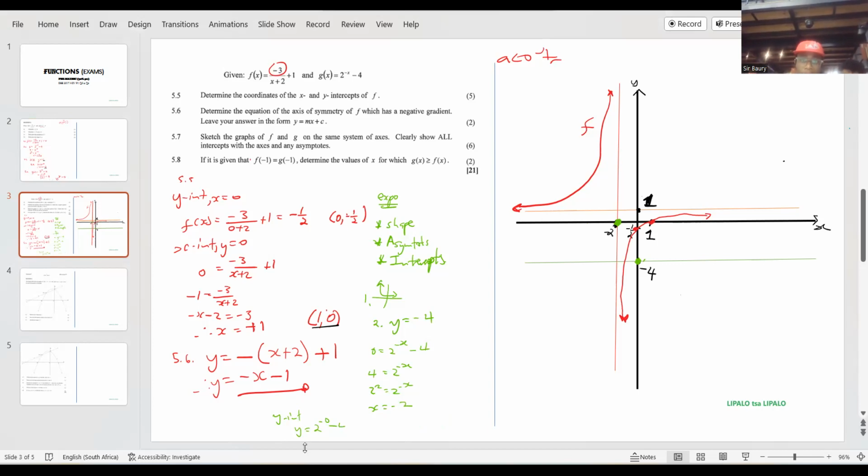Here, 2 exponent 0 is equal to 1. So this is 1 minus 4, which gives us -3. So this is the y-intercept, -3. Then I can sketch.